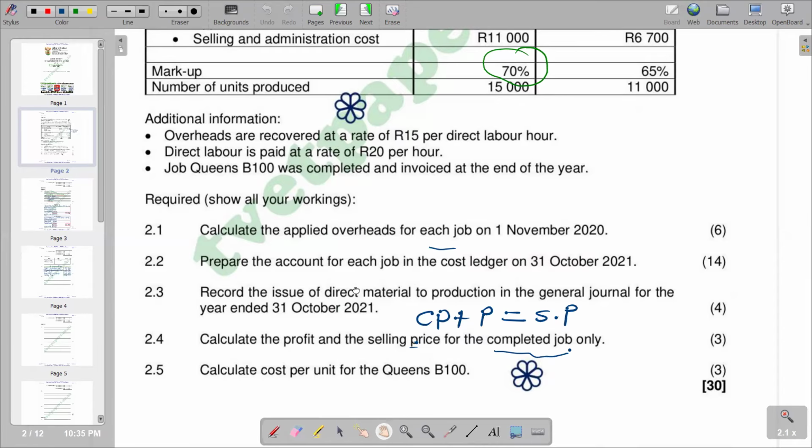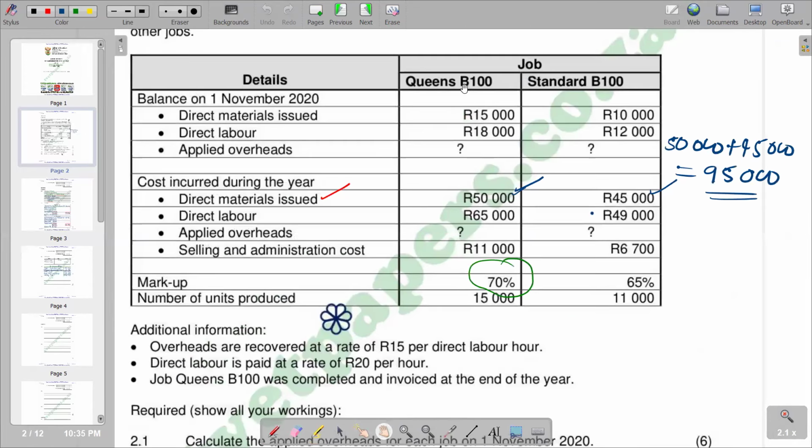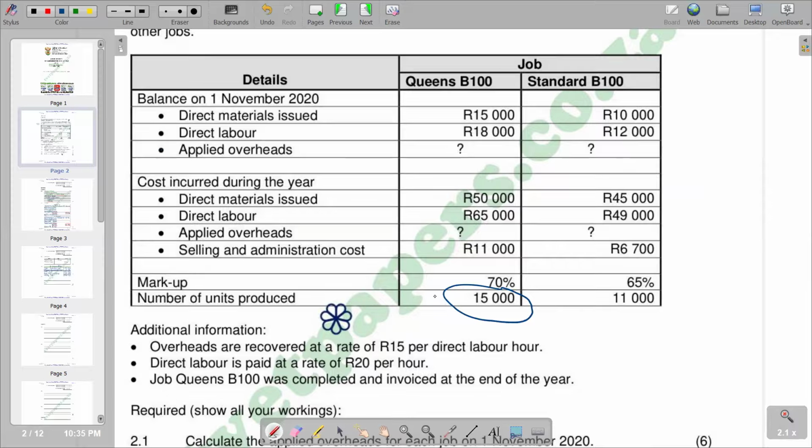So the number of units produced for Queens B100, we can always try to locate it. So that's the one that we're going to divide. So it's going to be our denominator, then our numerator will be the total cost for P100, whereby we are going to say the total that we have.